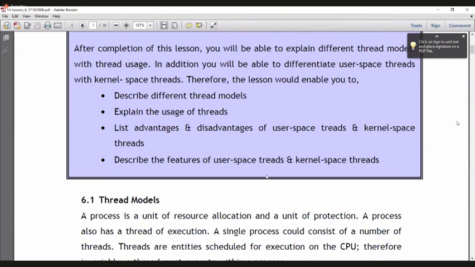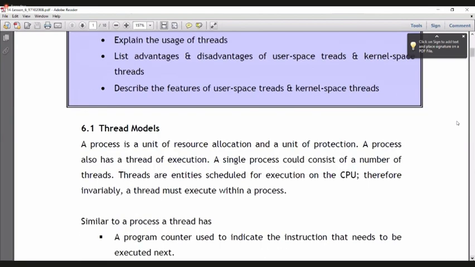Also describe the features of user space threads and kernel space threads. So, what is the thread model? Now you know the process is a unit of resource allocation and the unit of protection.